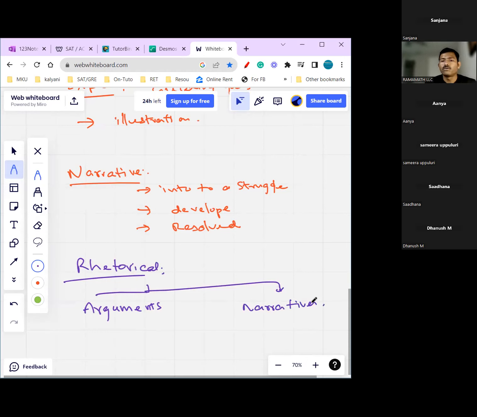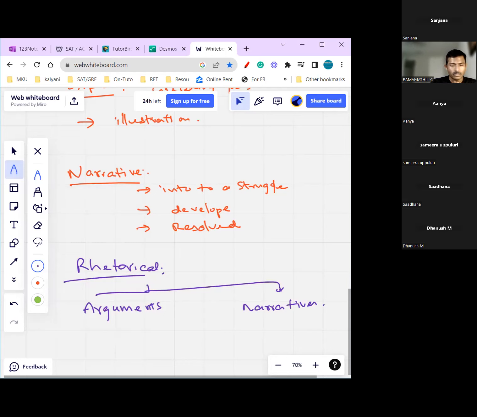The arguments likely describe a position, and then they refute it with a counter argument. But if you see narratives, basically they tell you a story, and it includes some paragraphs dedicated to logical analysis, claims, explanations, some pictures.